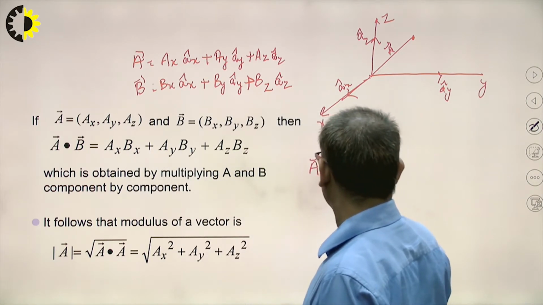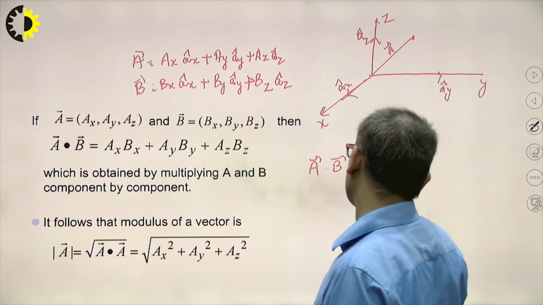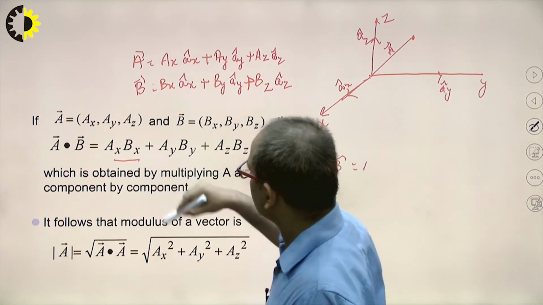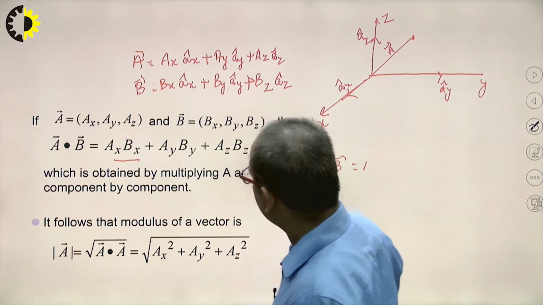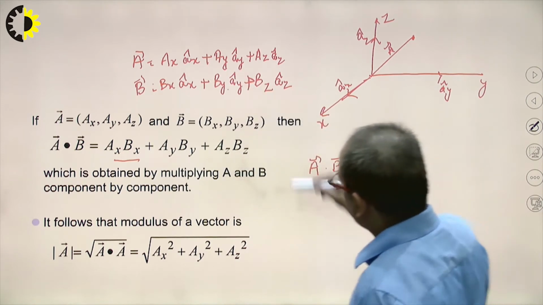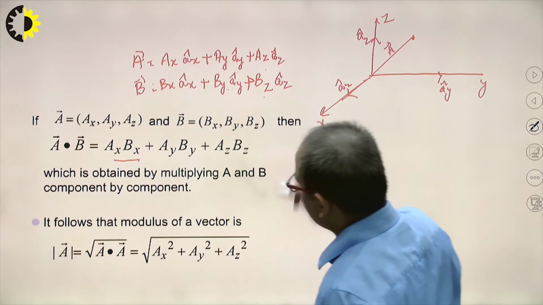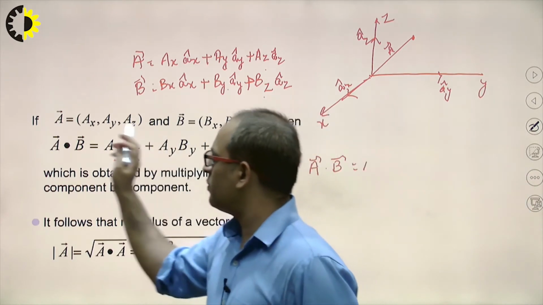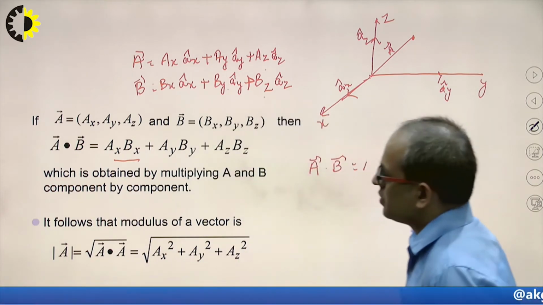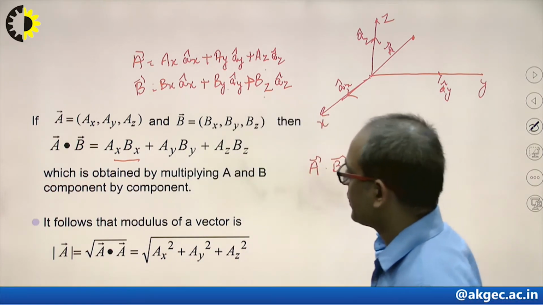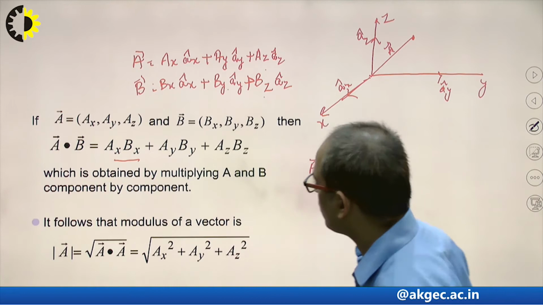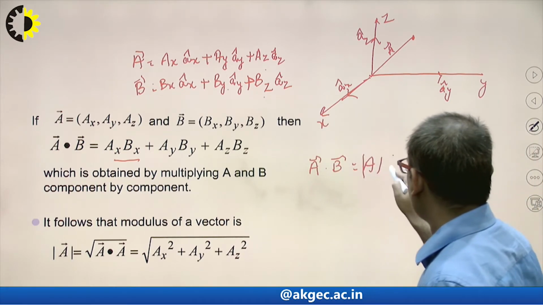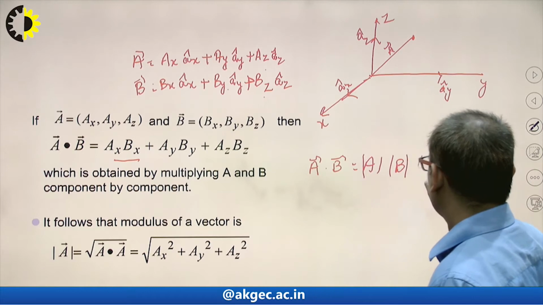Now if I multiply these two vectors, we get A vector dot B vector equal to Ax multiplied by Bx plus Ay into By plus Az into Bz, and the output of this product will be a scalar quantity. Now if I want to calculate it, A vector dot B vector is equal to the magnitude of A times the magnitude of B into cos theta.